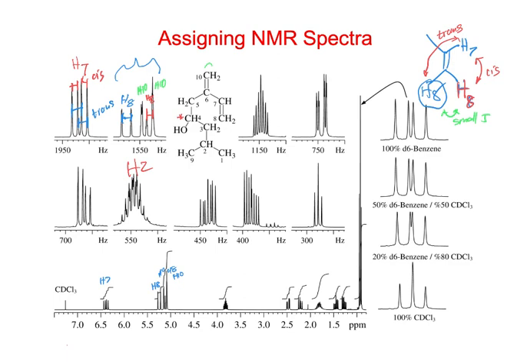So when we have a chiral center, the CH2 groups on each side are likely diastereotopic, and they're likely to have different chemical shifts. And when they have different chemical shifts, that means they're non-equivalent, and so they will each couple differently to H4. So what we're likely to see is two from here, and they're each going to be coupling to here. So it's going to be a doublet of doublets of doublets of doublets.